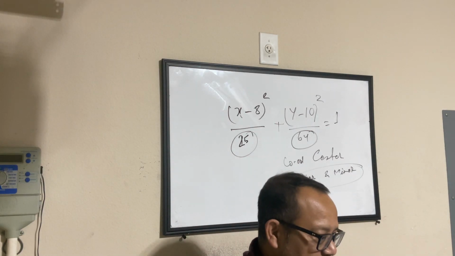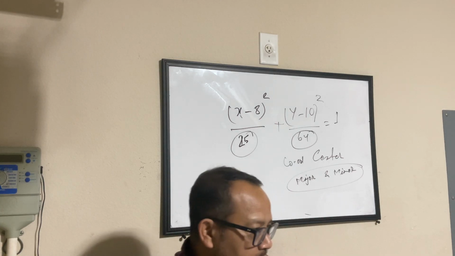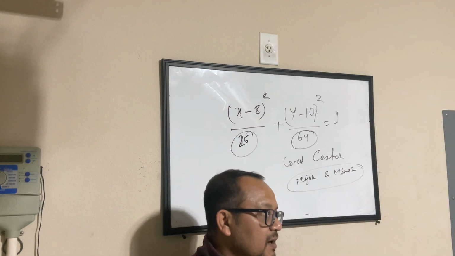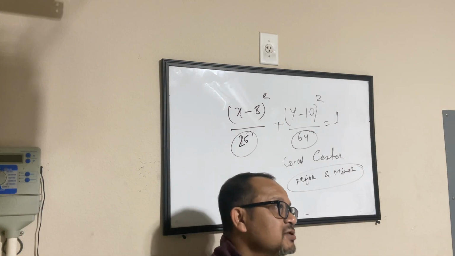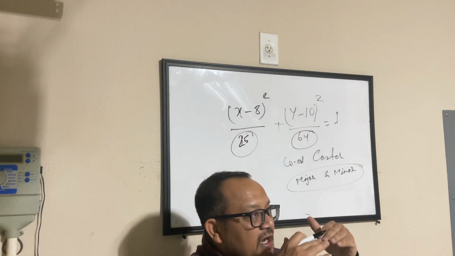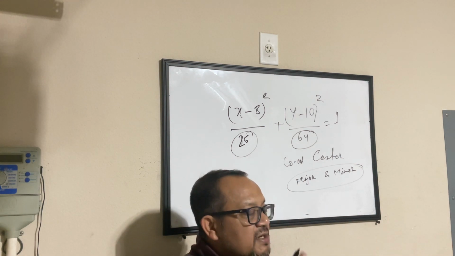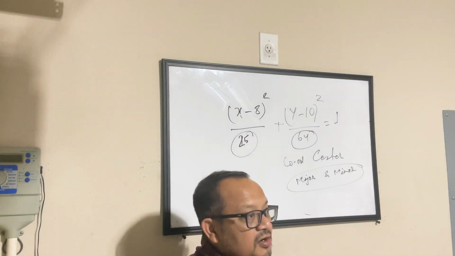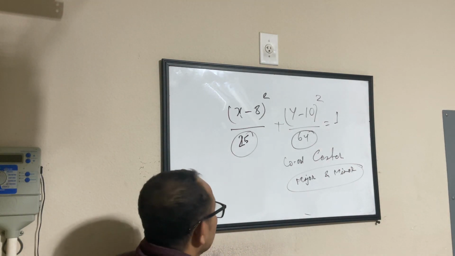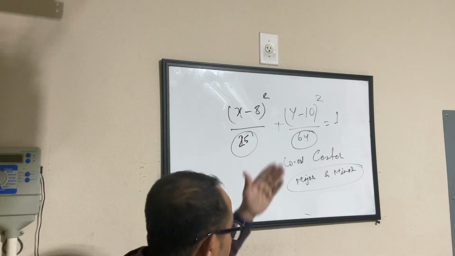No, because wasn't it like a is the major radius and b is the minor radius? So a is not necessarily the major radius, and b is not necessarily the minor radius. a is your radius along the x-axis, b is the radius along the y-axis. That is how we should interpret that, right? So in this situation, 64 would be b, meaning that it's the major radius.